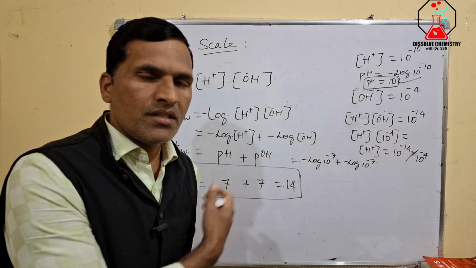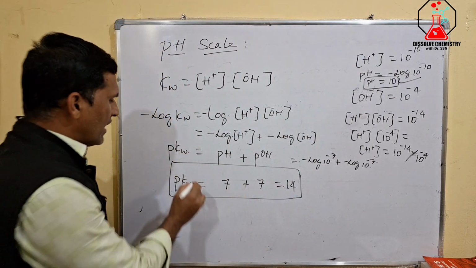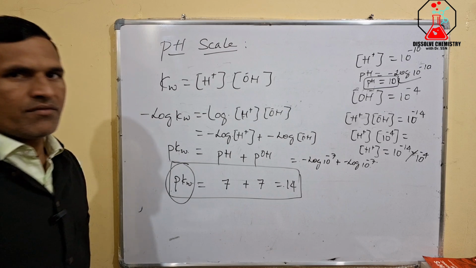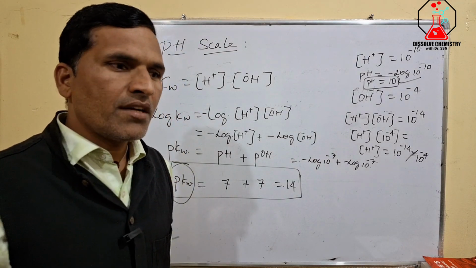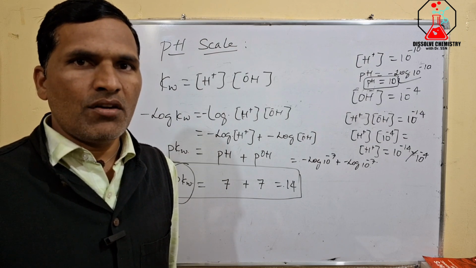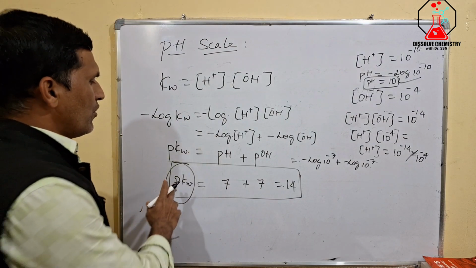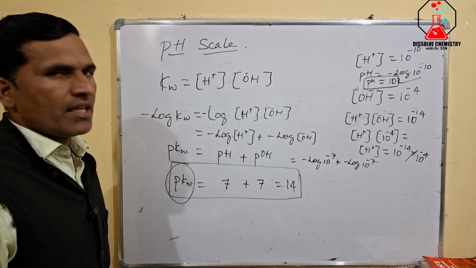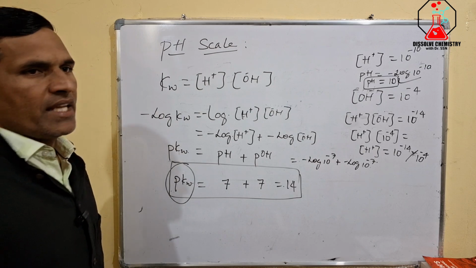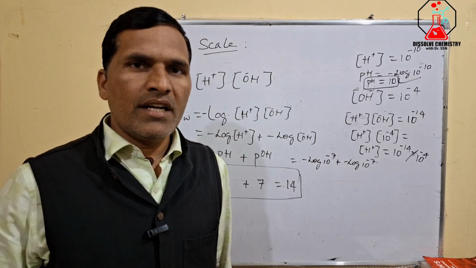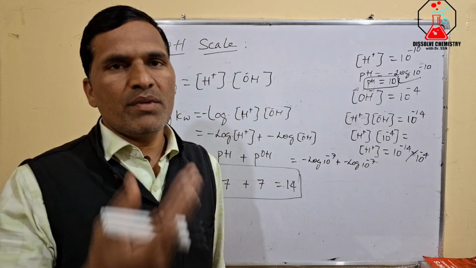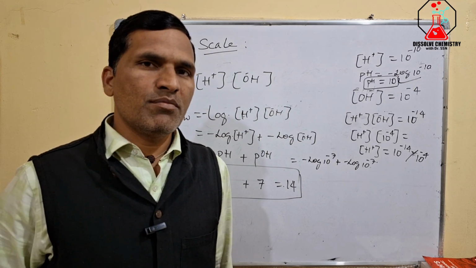In this way also we can say that the value of pKw is very important to express the concentration of the H plus ion and OH minus ion. So it plays a very important role, pKw. Okay, so this is how we explain various aspects of water and the pH scale, and how we measure the concentration of the H plus ions.